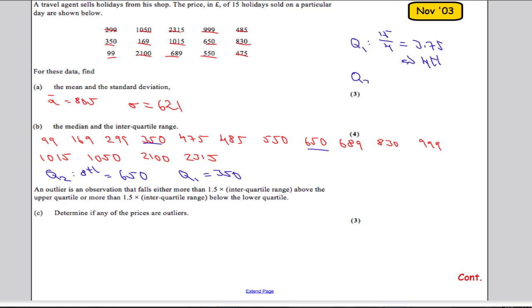And we need Q3, which is 3 times 15 over 4, which is 45 over 4, which is 11.25, which means we're going to choose the 12th value. So 1, 2, 3, 4, 5, 6, 7, 8, 9, 10, 11, 12, 1015.